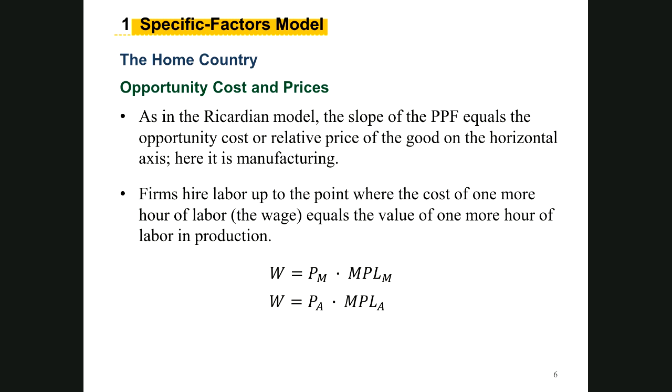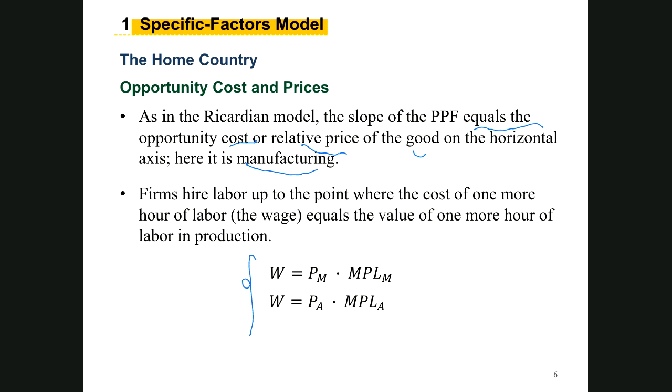So, as in the Ricardian model, the slope of the PPF equals the opportunity cost or relative price of the goods on the horizontal axis. And here is the manufacturing. It's identical. And the assumption of the two different sectors is the same too.